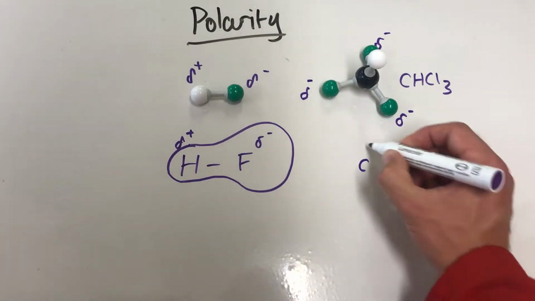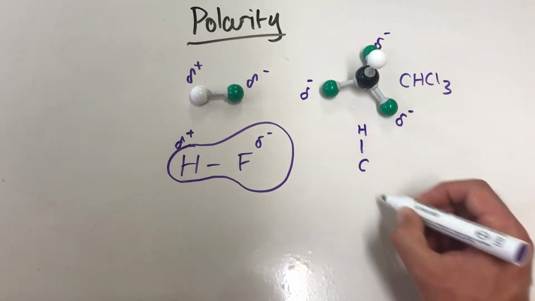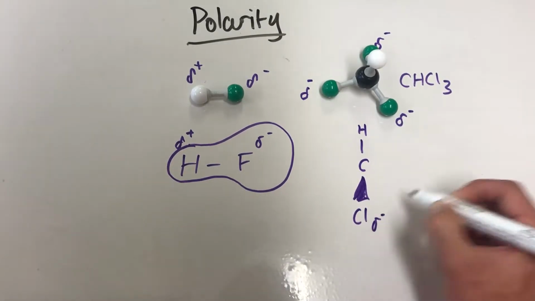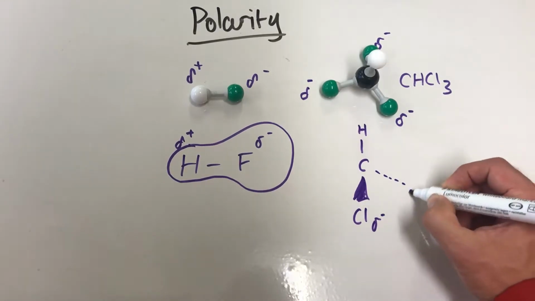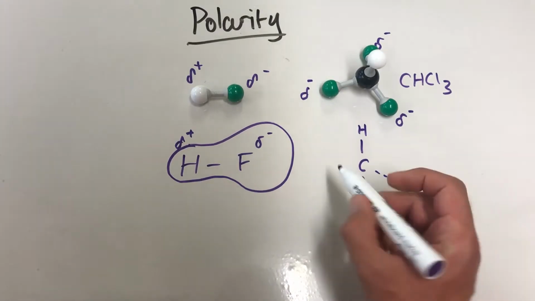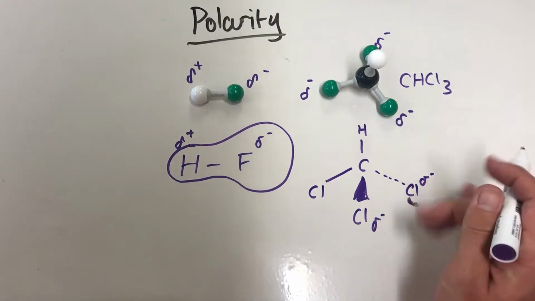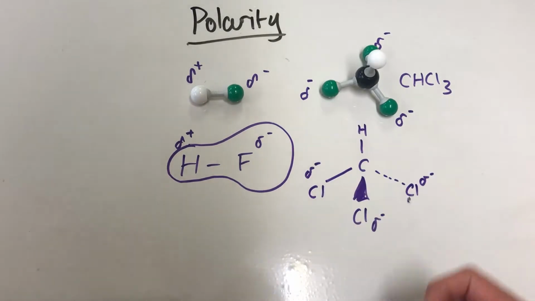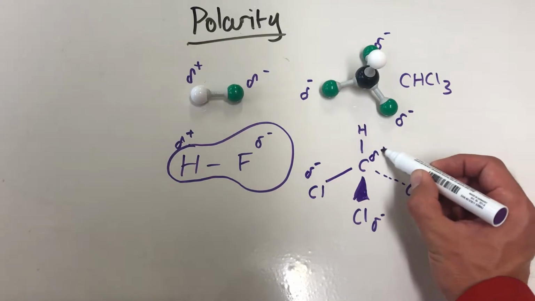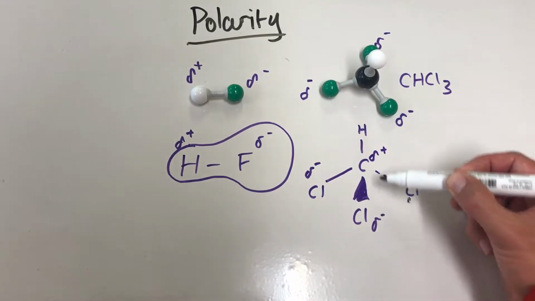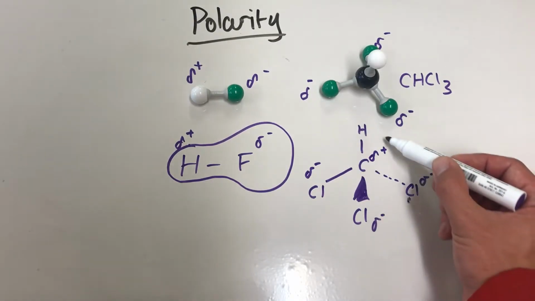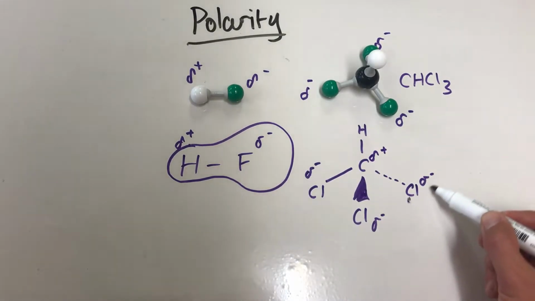Now if we draw this structure, we've got the hydrogen at the top, we've got one of the chlorines coming out towards you, which will be delta negative. One of the chlorines is going into the board, which is delta negative as well. And then another chlorine here on the plane of the board, also delta negative. So again, these chlorines are more electronegative than the carbon. So the electrons are drawn more towards the chlorine than they are towards the carbon. So we have again a polarized molecule because we have one end delta positive, then we have this end here as delta negative.